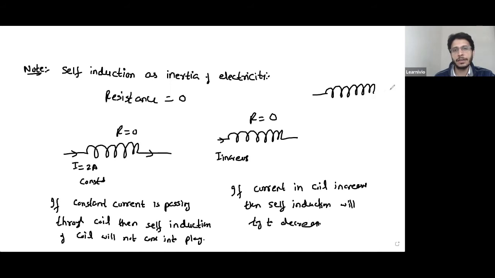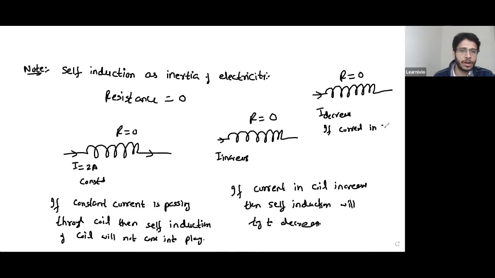Again, if I take another coil having zero resistance, but now the current is decreasing, can you tell me how self-induction will oppose this decrease? Will it further decrease the current or will it try to increase the current?